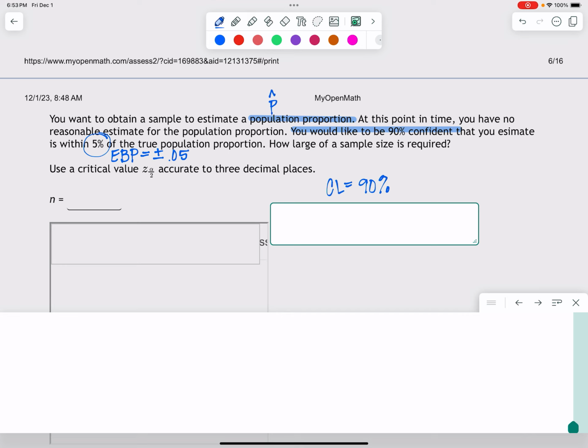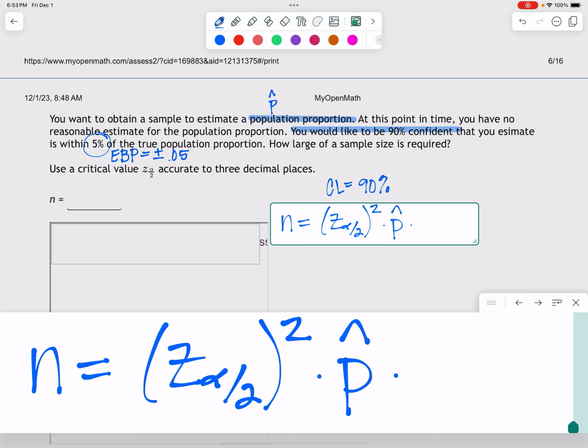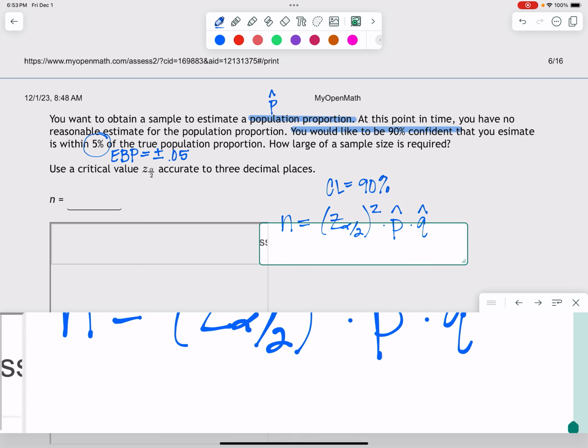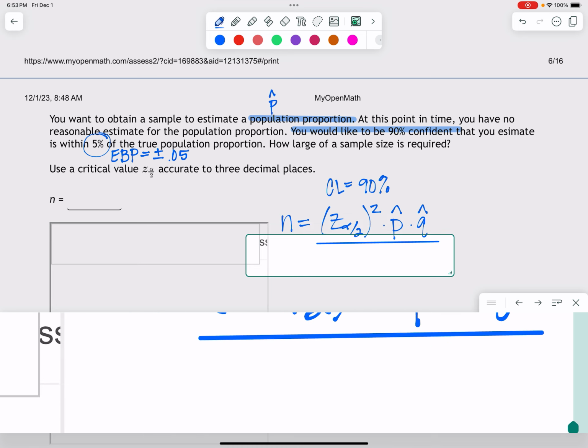We have that N equals your critical Z squared times P hat times Q hat, all divided by the EBP squared. So we have some pieces to find.